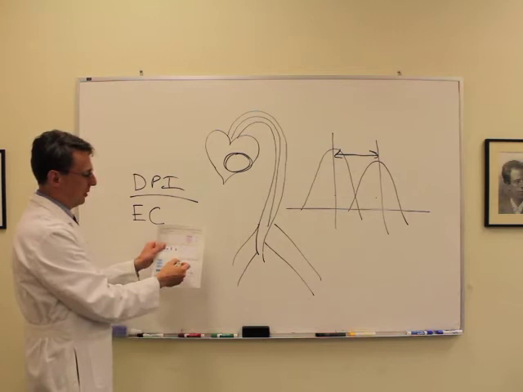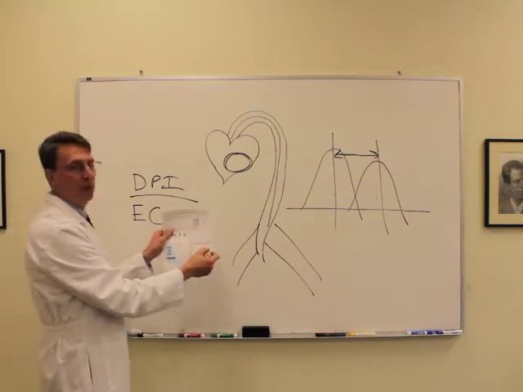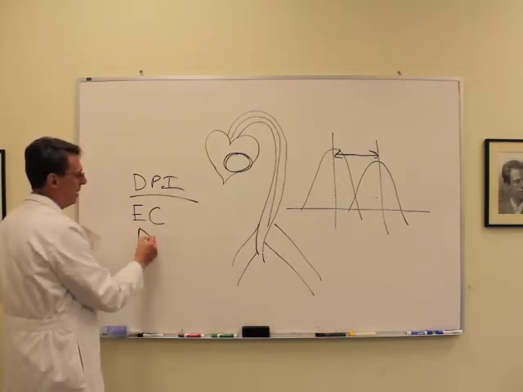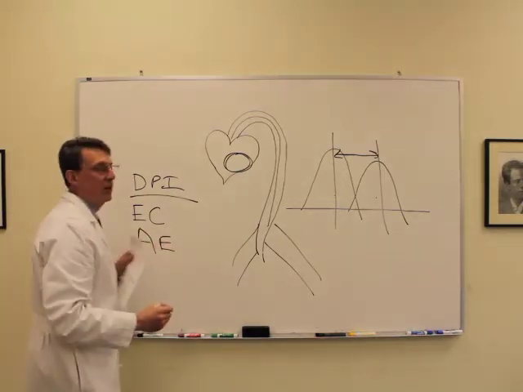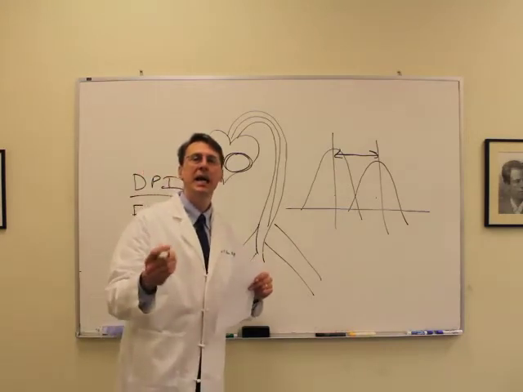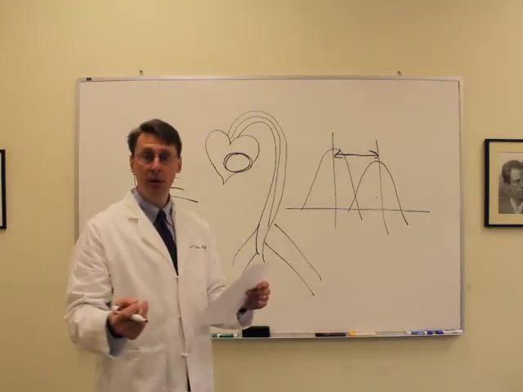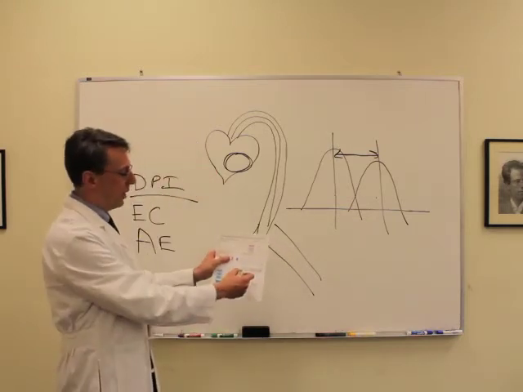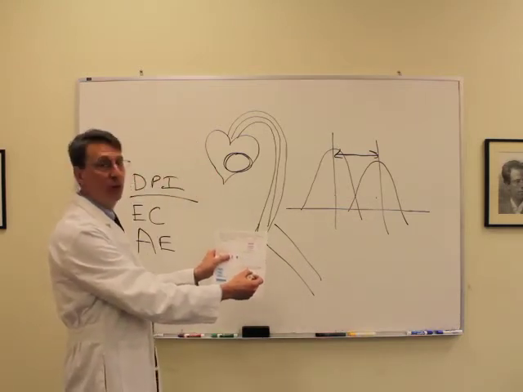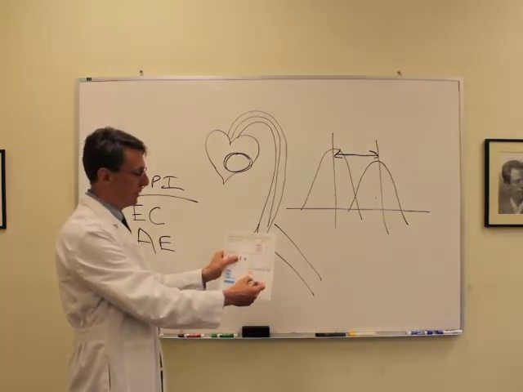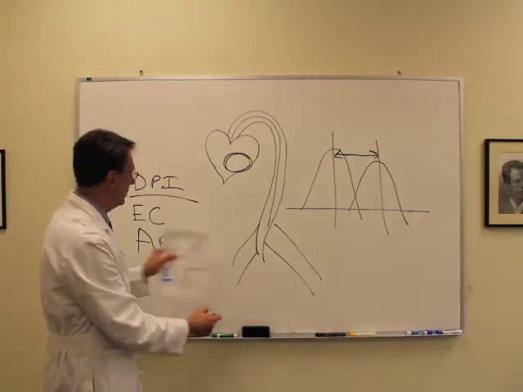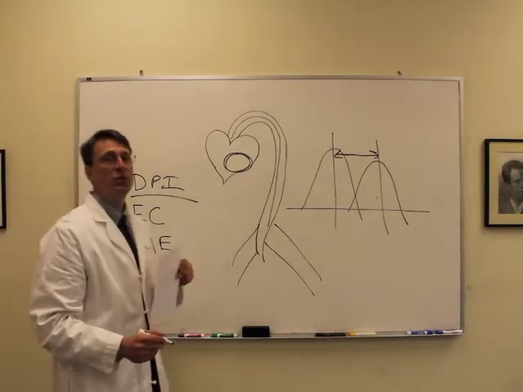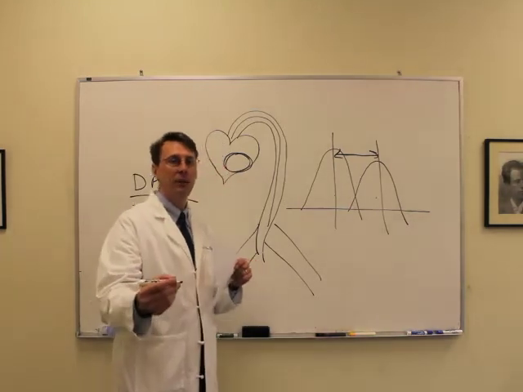So again, we want that bar to be way over to the right side as far as possible. The next component, AE, stands for arterial elasticity. Naturally, we want our arteries to be as elastic as possible. So again, we want that bar to be as far over to the right as possible. The last component on this section is RBV, which stands for remained blood volume.